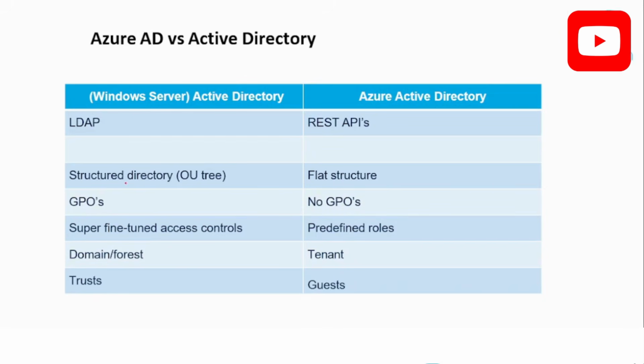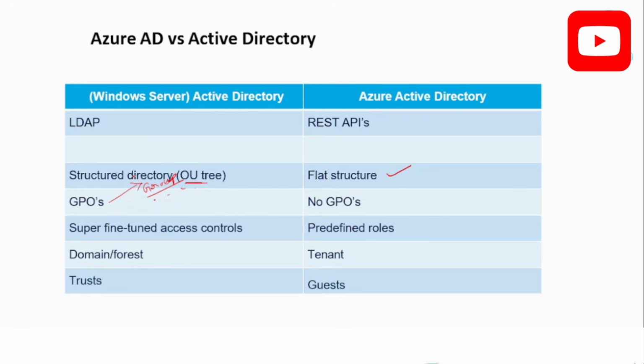After that, there is a structured directory, meaning OUs, organizational units, are available. Under the OU, we can create multiple groups, just like group 1, group 2, group 3, group 4, group 5. And Azure AD is a flat structure.